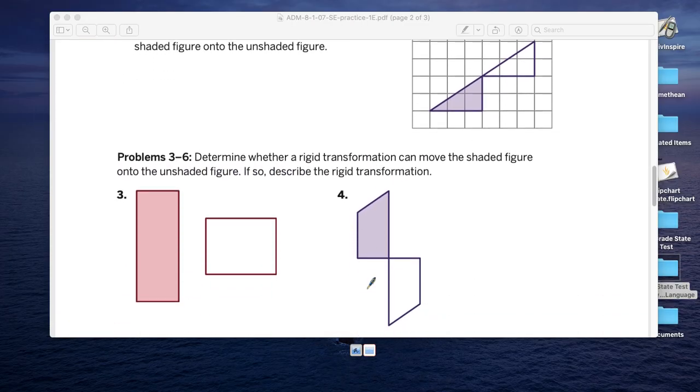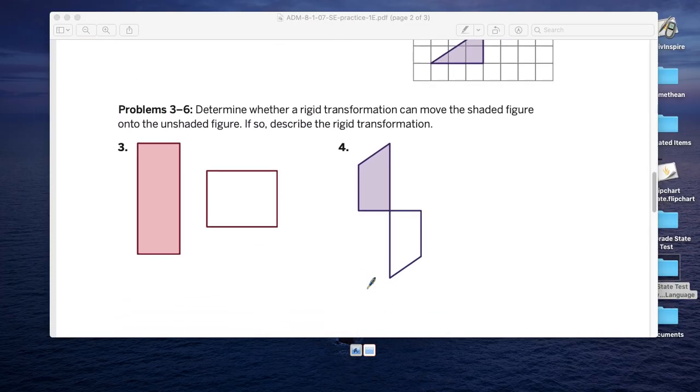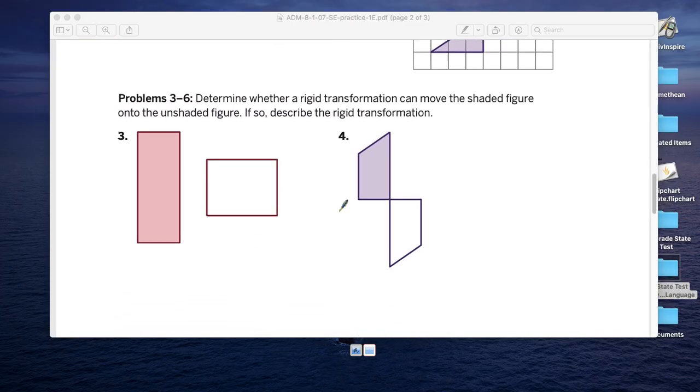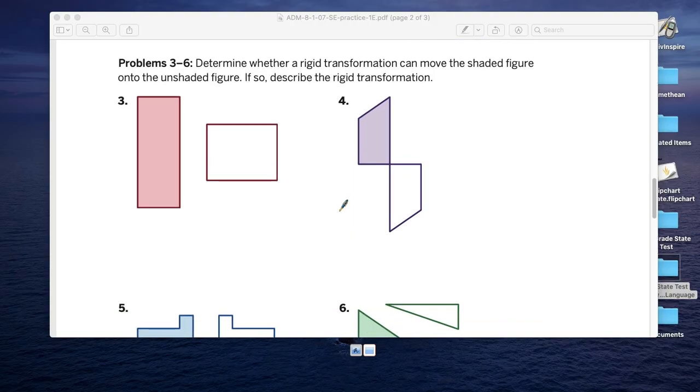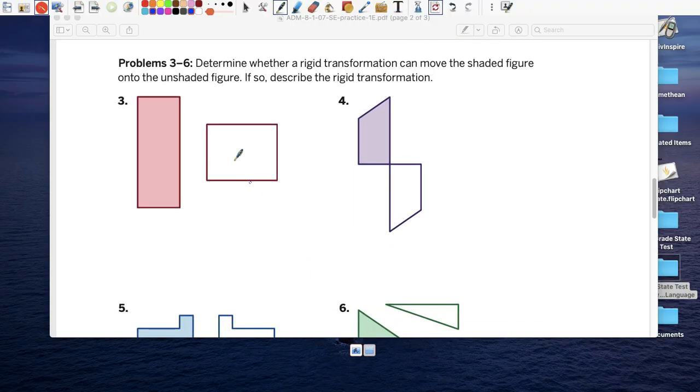Determine whether a rigid transformation can move the shaded figure onto the unshaded. If so, describe the transformation. There is no way a rigid transformation can take this rectangle to this. They are not the same. No rotation, no reflection, no translation will ever make this shaded figure look like this. So this is a no. This one is a yes. It's the exact same shape.